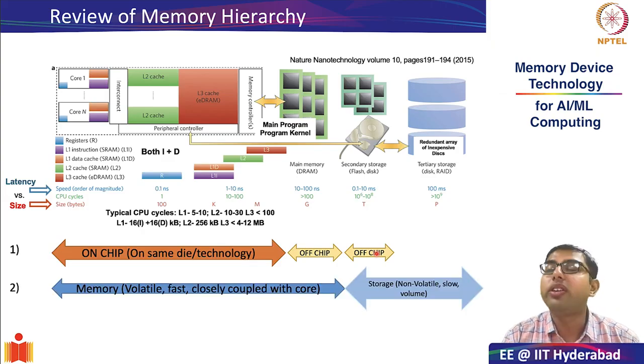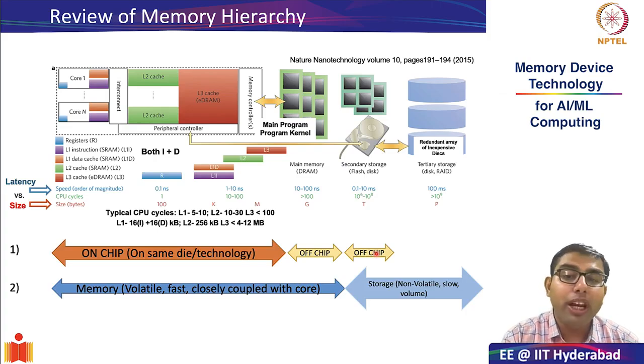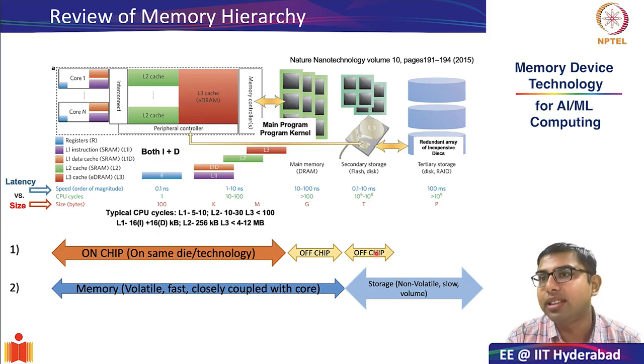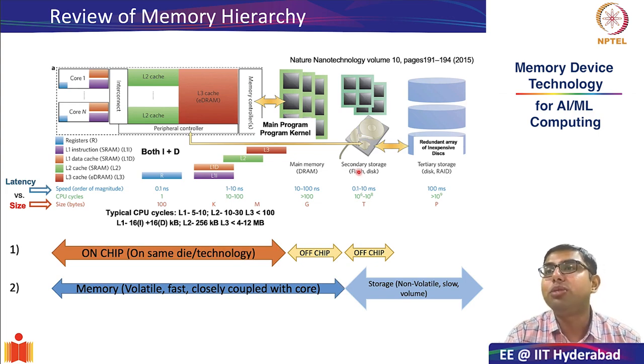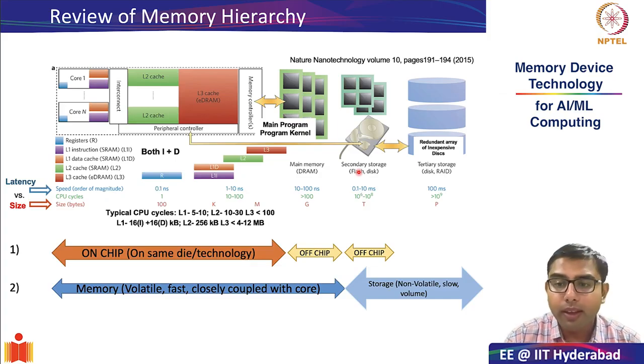The second important thing to recognize is the distinction between memory, which is generally volatile, has to be very fast, and closely coupled to the CPU subsystem or the cores. As you know, this boundary between DRAM and NAND flash, or the main memory and the main storage, is where this boundary is being drawn.